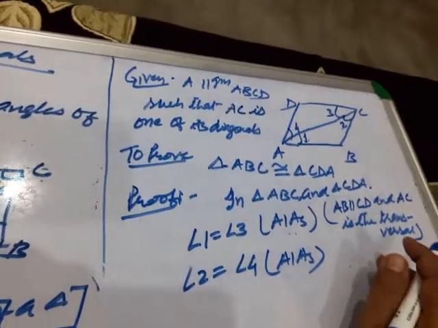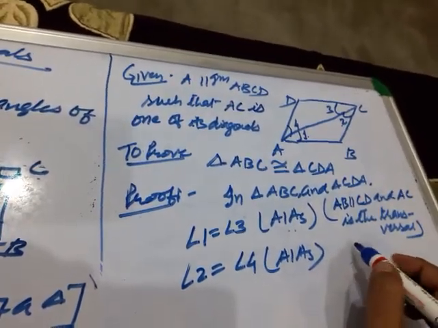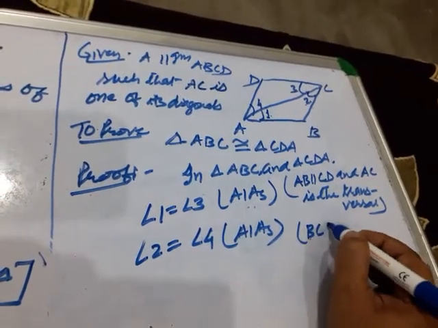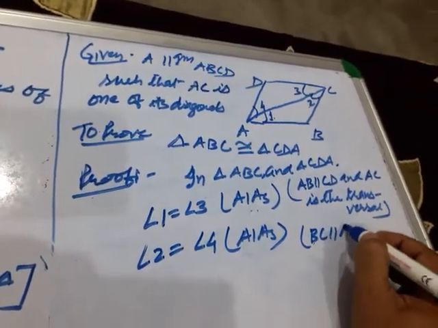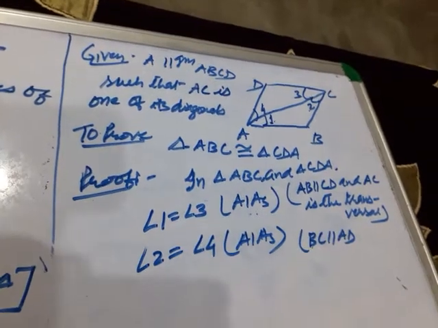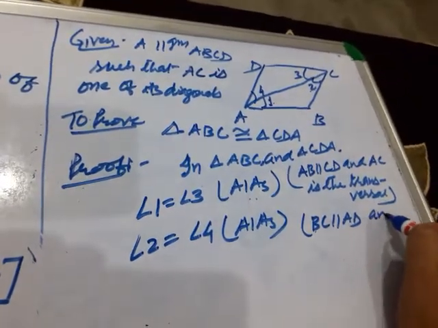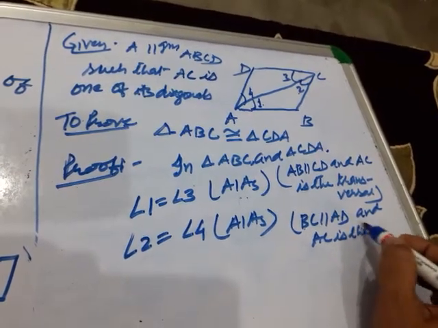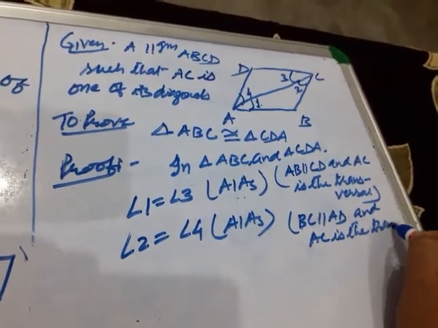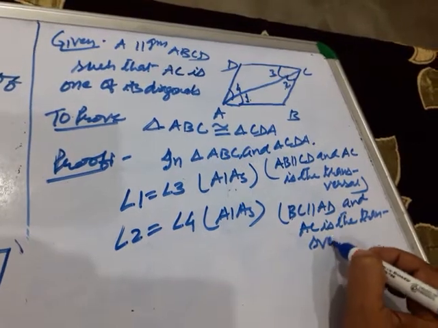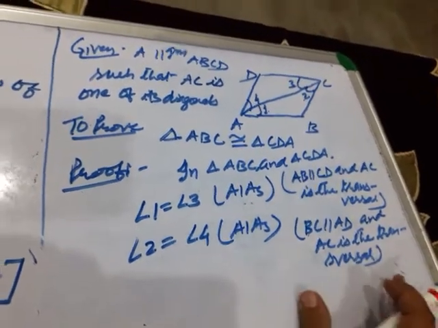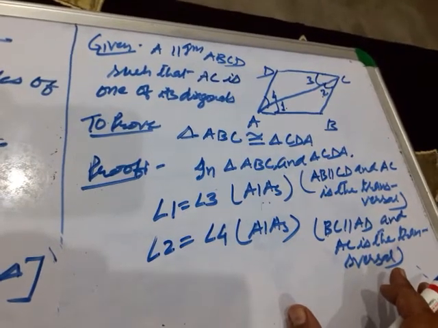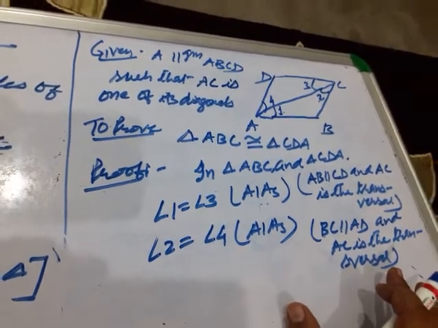Since ABCD is a parallelogram, BC is parallel to AD, and AC is the transversal. Okay, children, so angle 1 equals angle 3, angle 2 equals angle 4. They both are alternate interior angles.